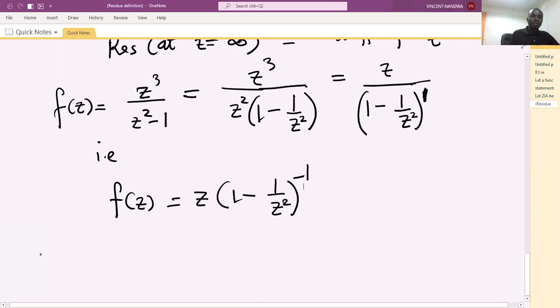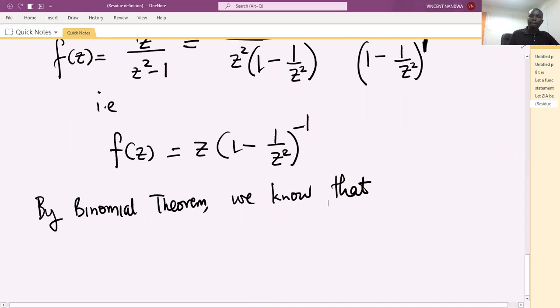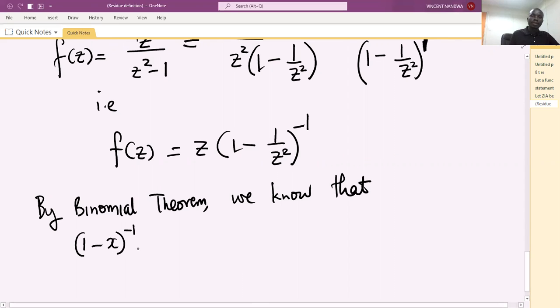And by binomial theorem, we know that (1 − x)^(−1) = 1 + x + x² + x³ + x⁴ + x⁵ etc.